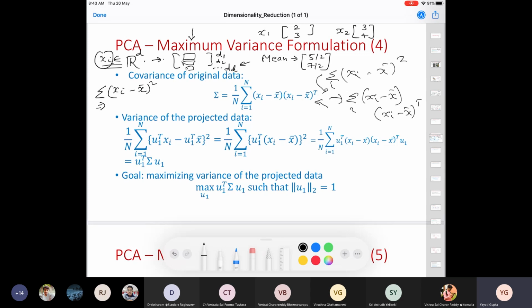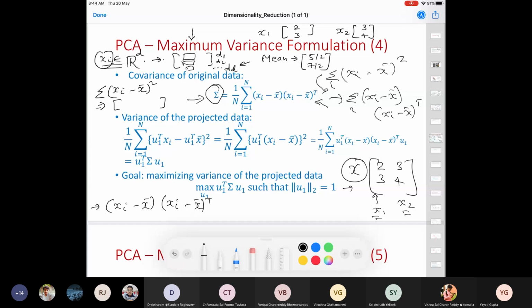Now you know that the variance that you're trying to figure out is xi minus x bar into xi minus x bar transpose.